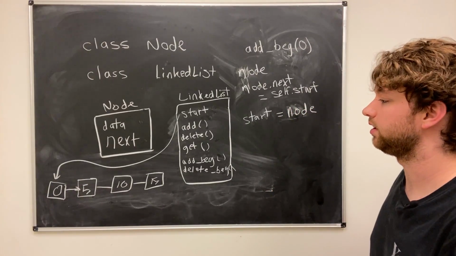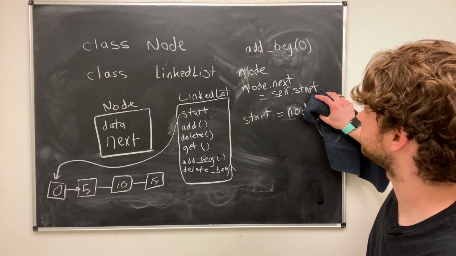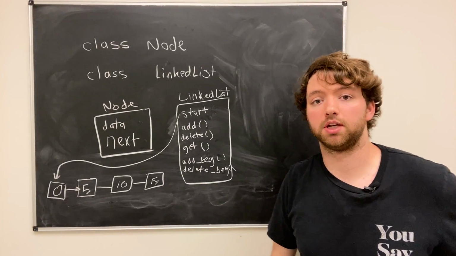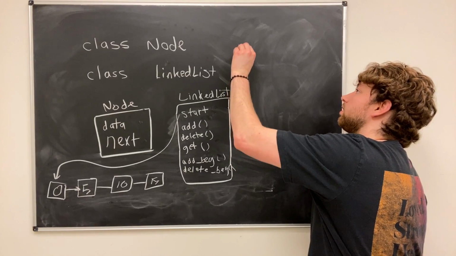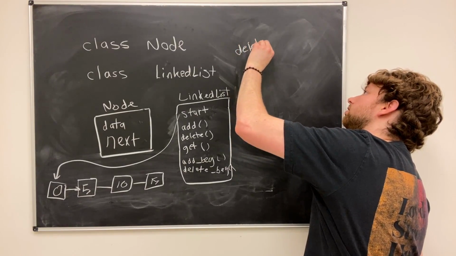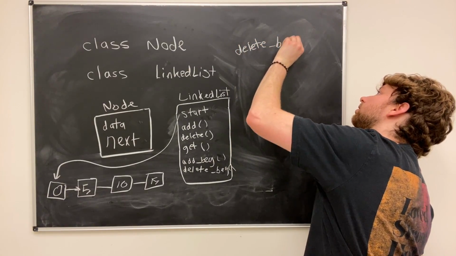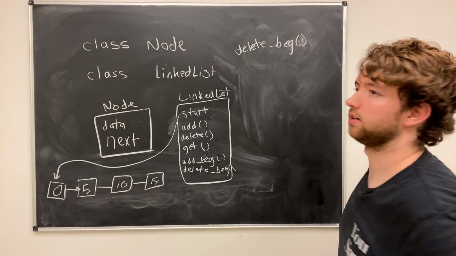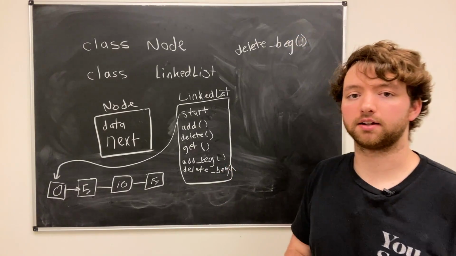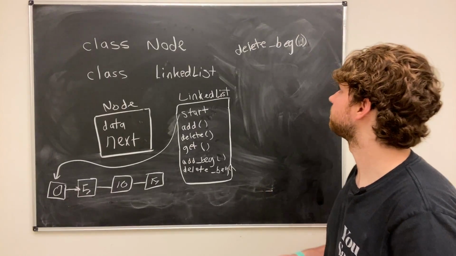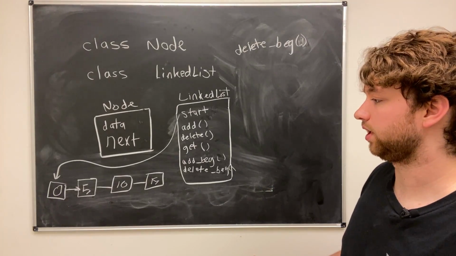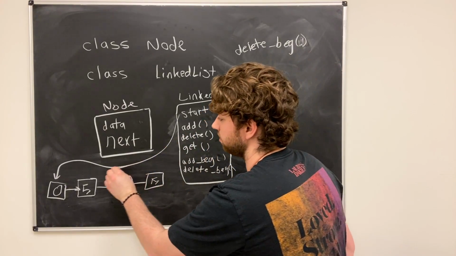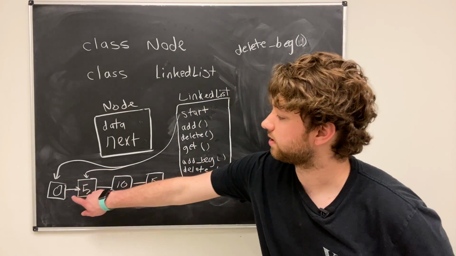Let's talk about deleting now. We can actually keep that list the same. Let's say we wanted to get rid of that 0 at the beginning. So we invoke delete beginning, and you don't actually have to pass in anything because it already knows the index and you're not adding a value, so you're good to go there. All you have to do with this is replace start to point to the second element in this list.